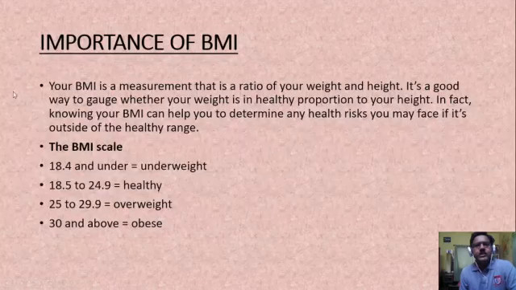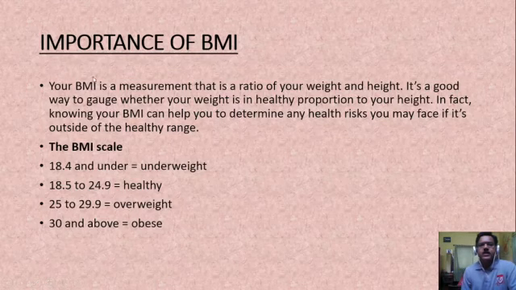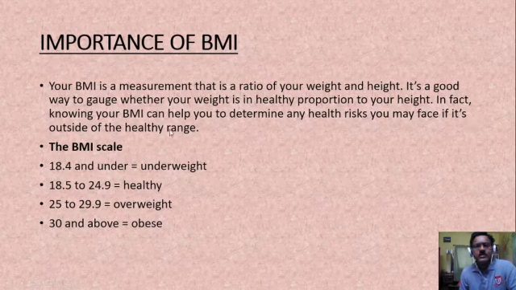The importance of BMI. Your BMI is a measurement that is a ratio of your weight and height. It's a good way to gauge whether your weight is in healthy proportion to your height. In fact, knowing your BMI can help you determine any health risks you may face if it's outside of the healthy range.